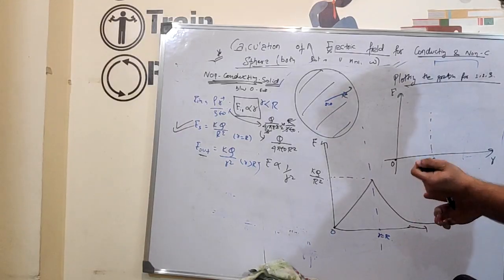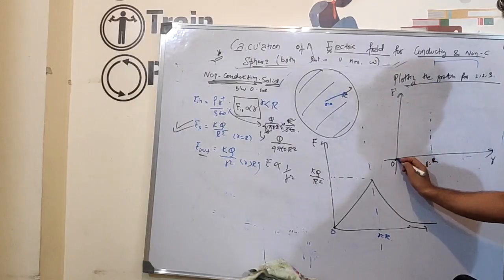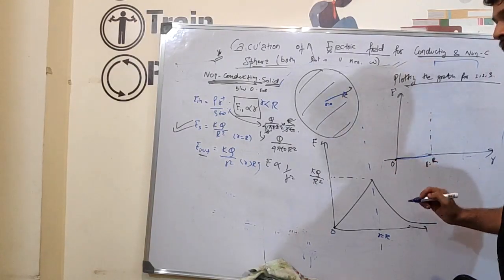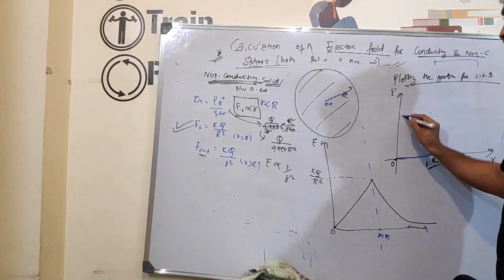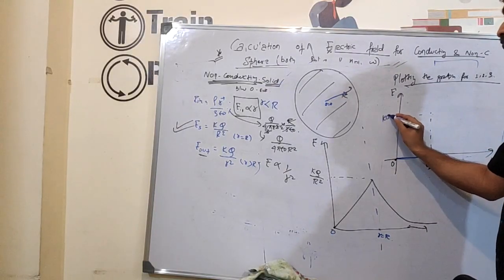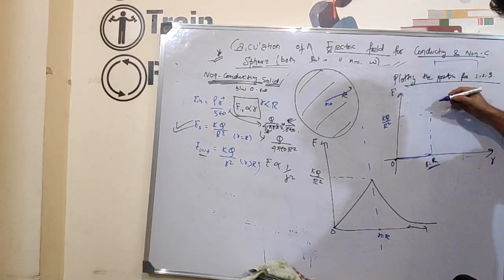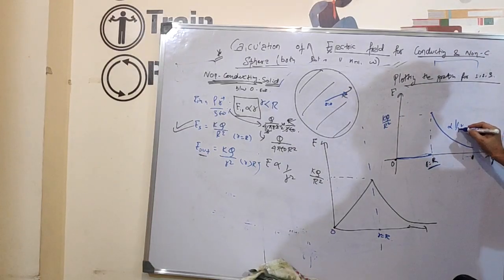You can also represent it by a different color. The value of electric field inside was 0. Only after it reaches R equals R, it jumps to electric field having a value of KQ by R square, and after that it decreases by a factor of 1 by R square.